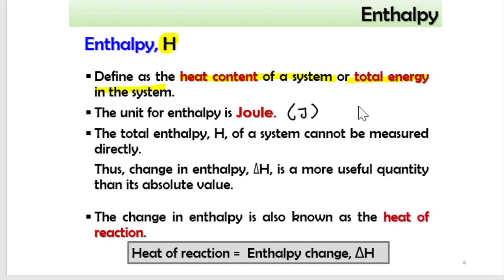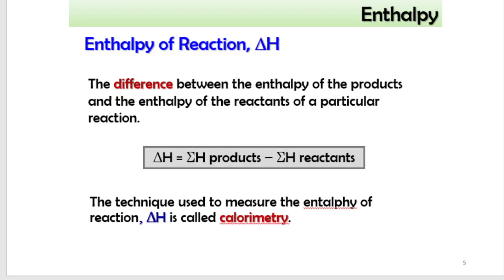Okay, but you will use this formula. Nanti Miss akan tunjuk formula. You will need to calculate this change in the enthalpy, ataupun delta H lah, changes in enthalpy. So the change in enthalpy, or in other words, kita panggil dia sebagai heat of your reaction. So enthalpy of reaction, delta H ni is the difference.